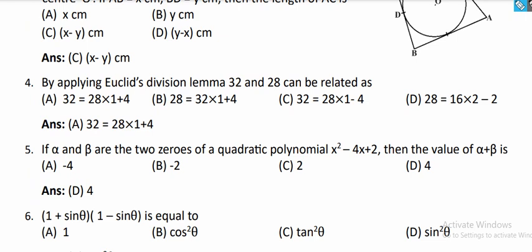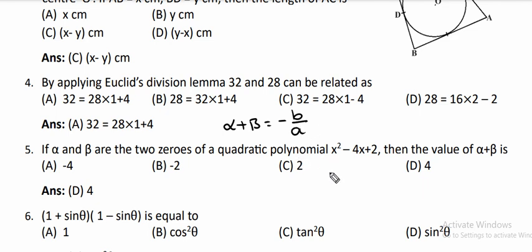So then we move on to the next question. If alpha and beta are the two zeros of the quadratic polynomial x square minus 4x plus 2, then the value of alpha plus beta. Here alpha plus beta means the sum of the zeros of the polynomial. The sum of the zeros of the polynomial is considered as minus b by a.